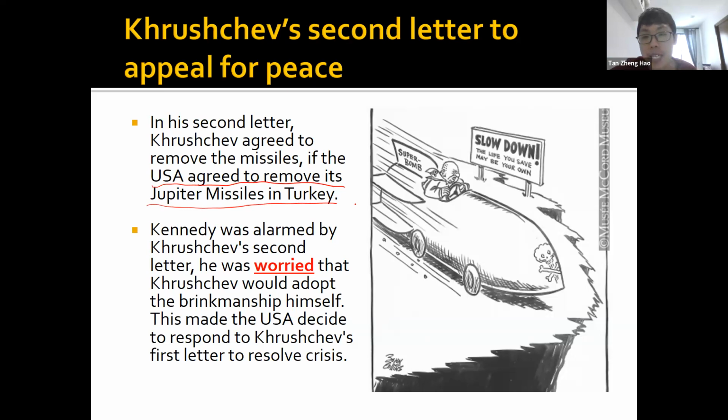The USA have missiles there that could be used to attack the USSR. So Khrushchev said, not attacking Cuba is not enough. I want you to also remove these missiles. If you take away the missiles in Turkey, I will take away the missiles in Cuba. That seems fair. So that was the second letter to try and negotiate an end to the crisis.